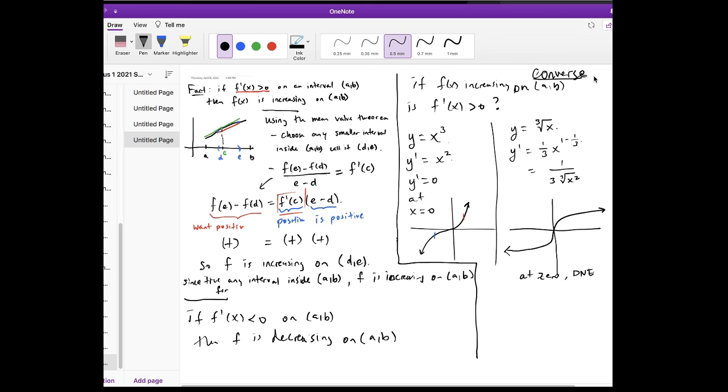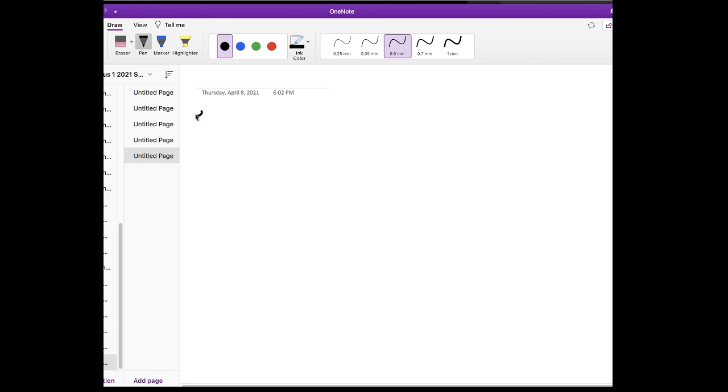Okay, so let's do an example. Find where f is increasing or decreasing.